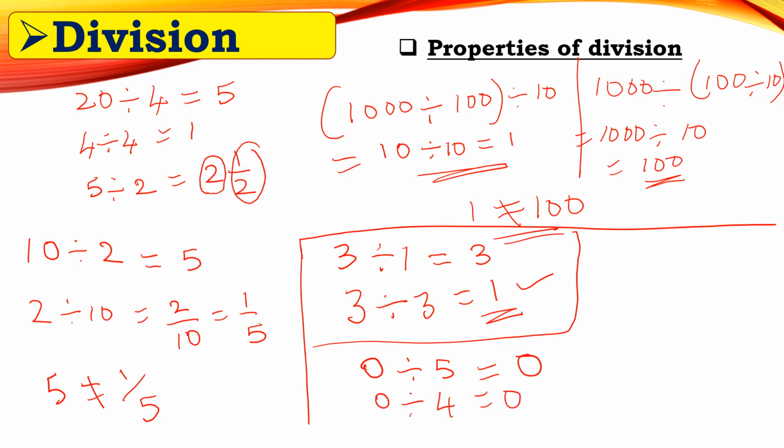What happens if 5 is being divided by 0 or if 4 is being divided by 0? Can you divide this? No, they are not defined. Division by 0 is not defined.